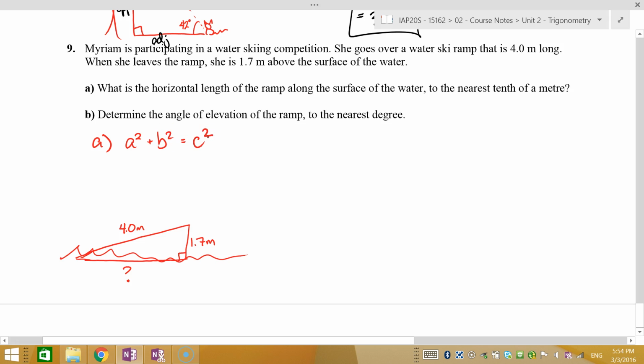And which side is the hypotenuse? If you said that c is the hypotenuse and 4.0 is the hypotenuse, you are correct, which means that we need to make sure that 4.0 goes in place of c. 1.7 can go in place of a or b, it doesn't really matter.